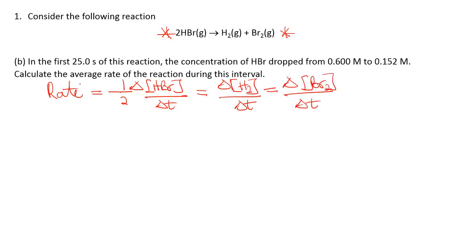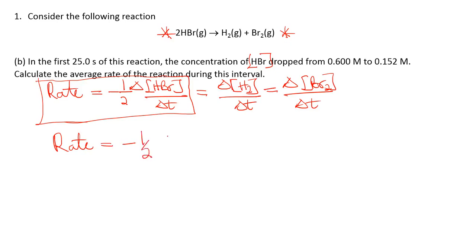But in this case, what we want to find out is only this part, because we are given the concentration of HBr. We are not concerned with the other rates. So we can say the rate of this reaction is given by negative half change in concentration of HBr divided by change in time.